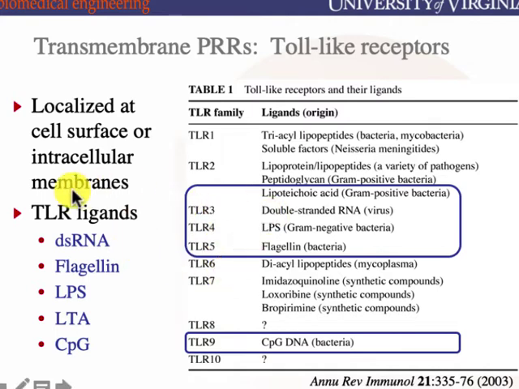All right, so if we look at classical TLR ligands, they fall into a number of categories. The first 2 are fairly straightforward for us to think about. Toll-like receptor 3 is going to specifically detect double-stranded RNA. We do not have double-stranded RNA in our bodies unless you have an RNA virus.